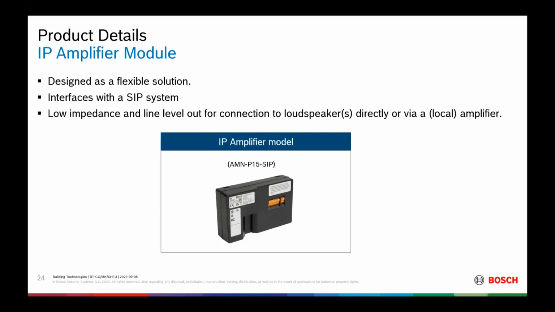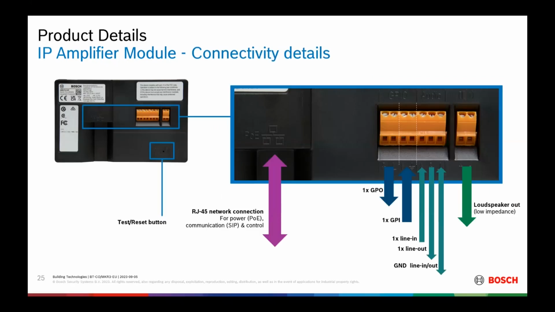It interfaces with an IP SIP system on one side and has a low impedance and a line level output on the other side for the connection to loudspeakers directly or via a local amplifier using the line out. It has almost the same key characteristics as the IP speaker, except for the microphone.